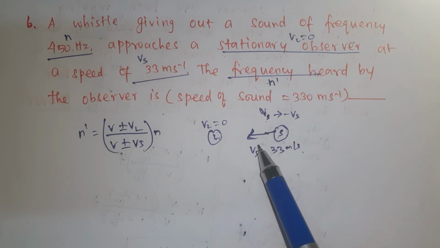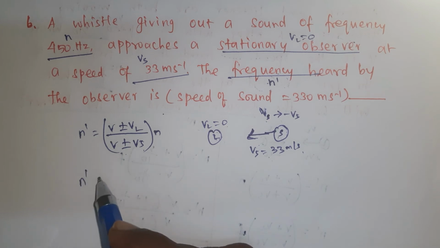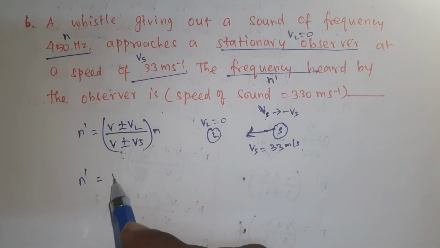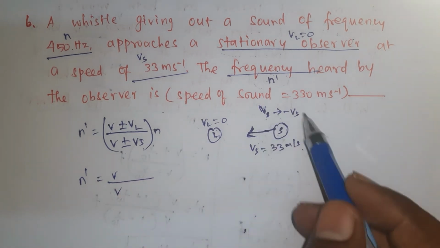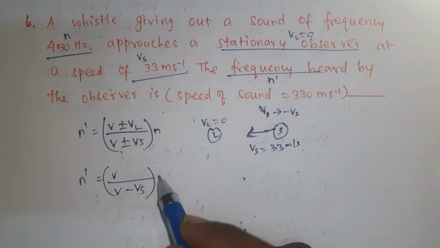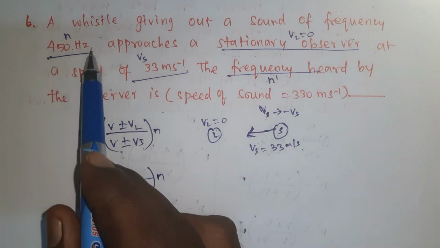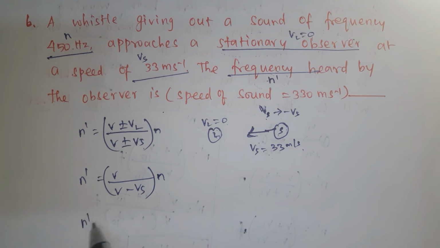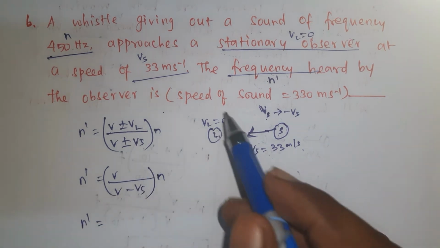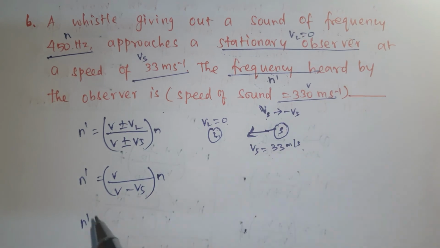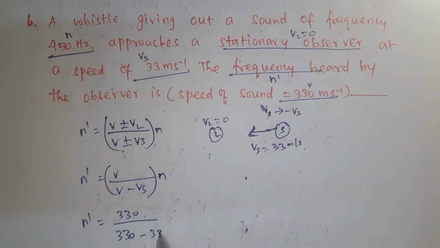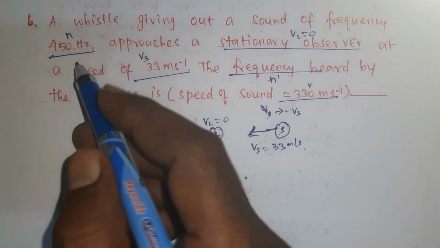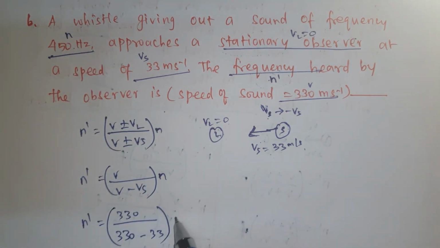This source moves towards the listener in the negative x direction, so Vs is taken as negative. Now apply these conditions in this formula, and we get the final equation, n dash is equal to V, where VL is 0, divided by V plus or minus Vs, so you have to take minus Vs, into n, where n in the given question is 450 Hz. Now substitute the values. n dash is equal to V, the speed of sound, 330, divided by 330 minus Vs, so the Vs value 33, into n, the frequency given, 450 Hz.